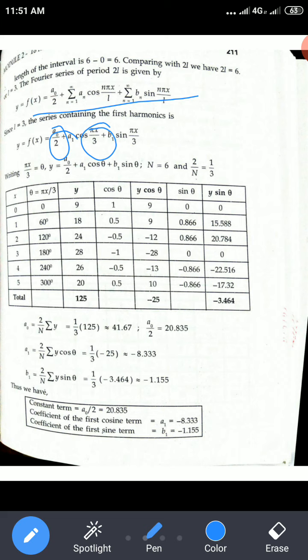Because we want the first harmonic, take n is equal to 1, so only the summation sign is removed.